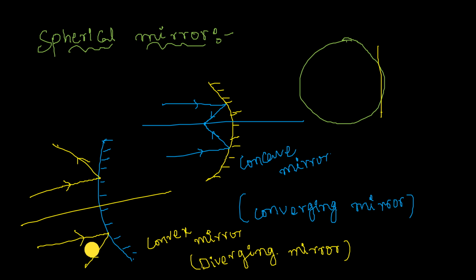After reflection, light rays will move away from the principal axis. This is the principal axis. The light rays move away from the principal axis. So the concave mirror is the converging mirror, and the convex mirror is known as the diverging mirror. So this is about the two types of mirrors.